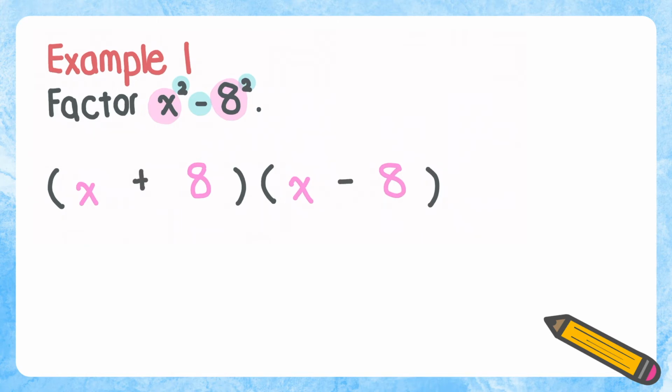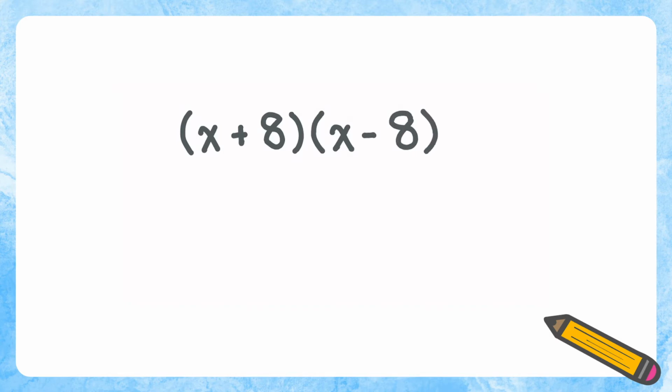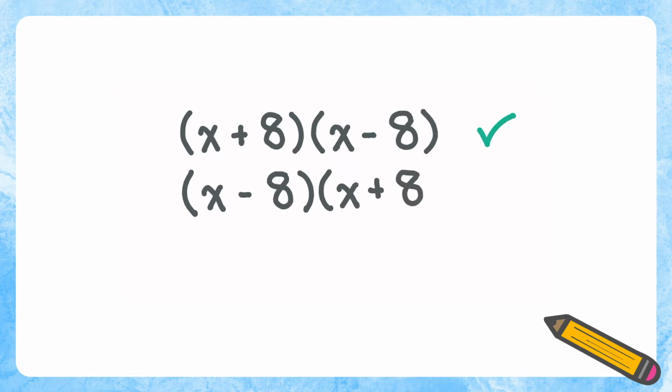So the format I wrote earlier, x plus 8 and x minus 8. One thing I want you guys to be careful about is the format after you factor out. You could write it as x plus 8 times x minus 8, so this is okay. You can also write it as x minus 8, then x plus 8, so this is also okay.